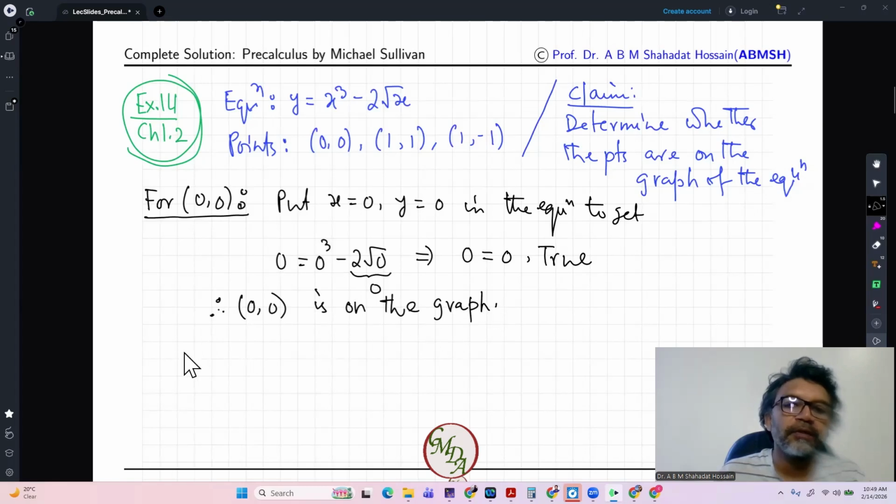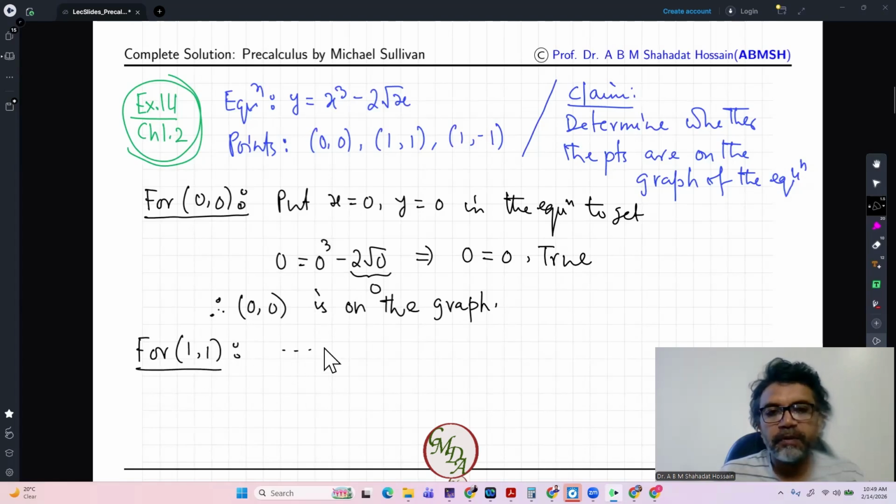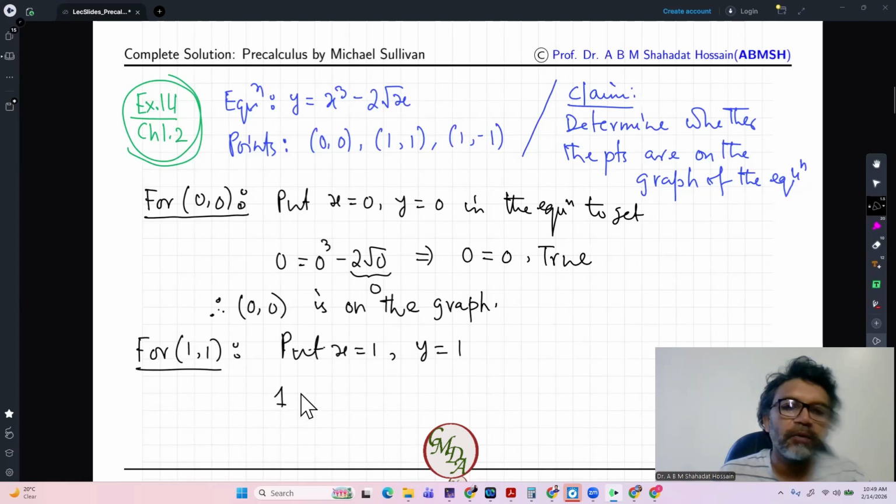Now the second point (1, 1). We'll check whether it satisfies the equation. We put x equals 1 and y equals 1. So we get 1 equals 1 cubed minus 2 root 1.